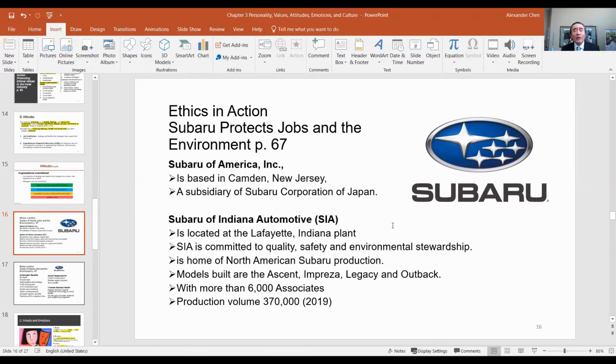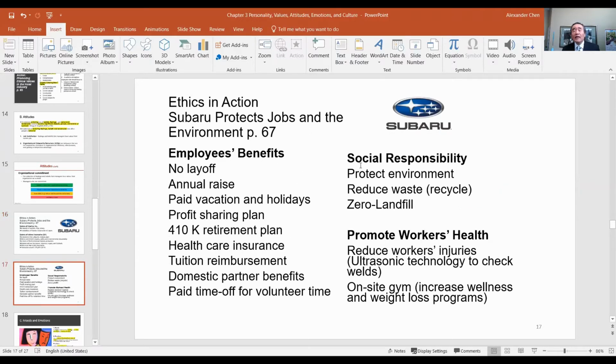Okay, and what do they do? They really practice ethics. Actually, a lot of companies do the same thing, so I just summarize what they've been doing. Employee benefit: they do everything an ethical company is supposed to do. Number 1, they don't lay off people because of the bad economy or bad sales.